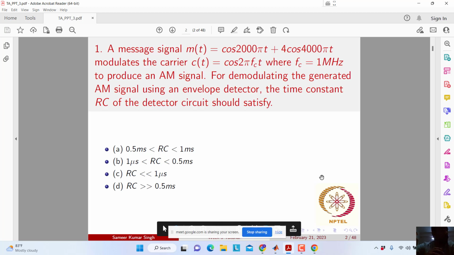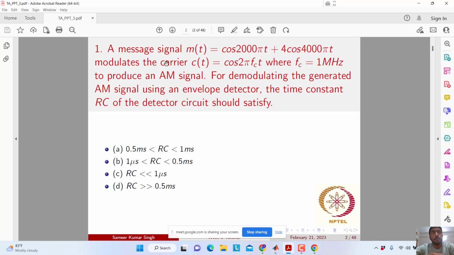Hello Minaz, good evening. Question number 1 is on your screen. Please read this and try to solve it, and after a little while we will see the solution.